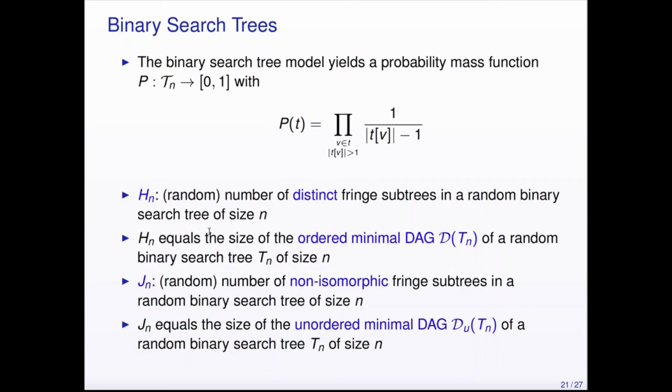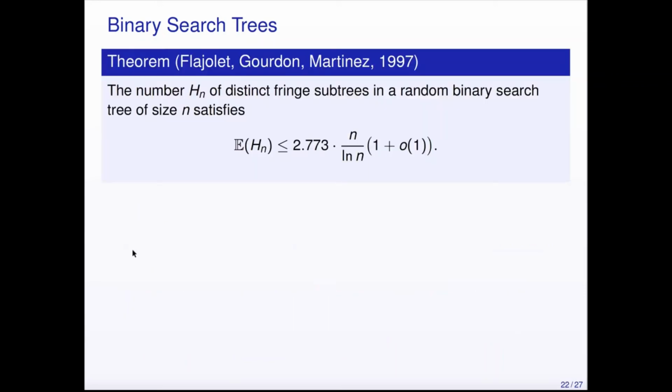So in this case, again, the number Hn of distinct fringe subtrees has been analyzed before. There's a theorem by Flajolet, Gourdon, and Martinez from 1997, which tells us that the number of distinct fringe subtrees in a random binary search tree of size n satisfies this asymptotic estimate in expectation.